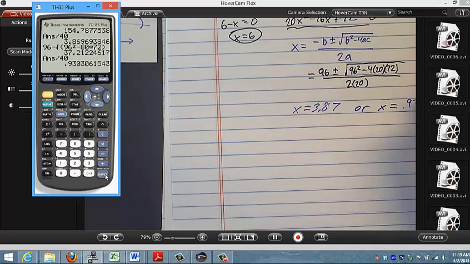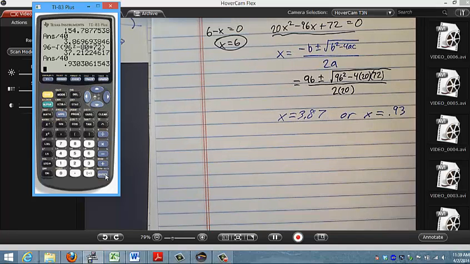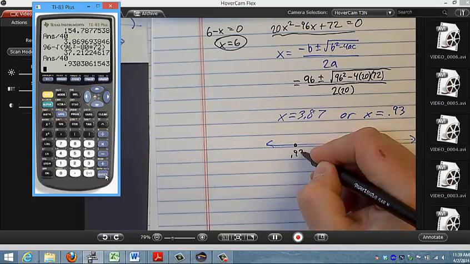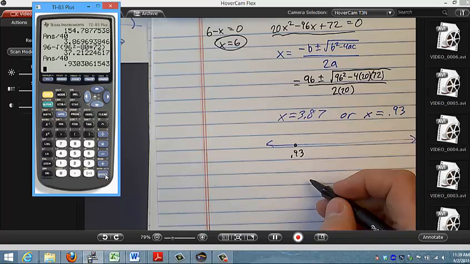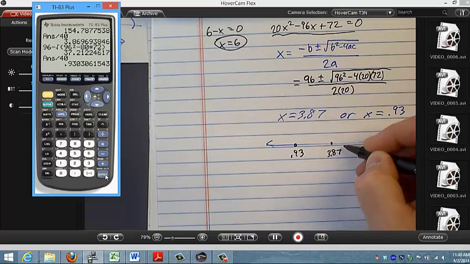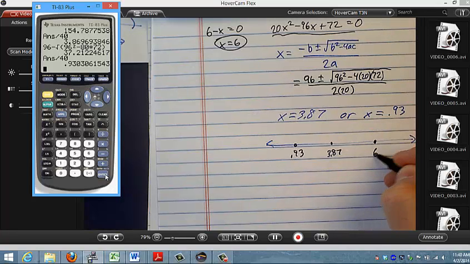Okay. So now, let's draw what it looks like. And so we have 0.93 is a place where the second derivative is 0. 3.87 is a place where the second derivative is 0. And 6 is a place where the second derivative is 0.